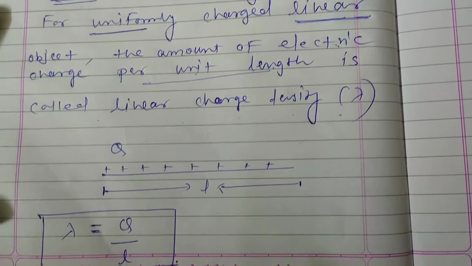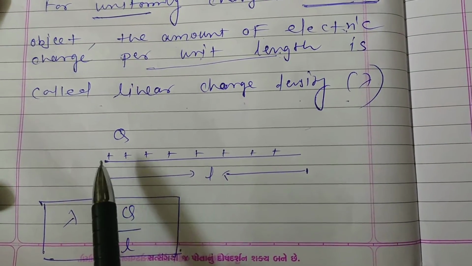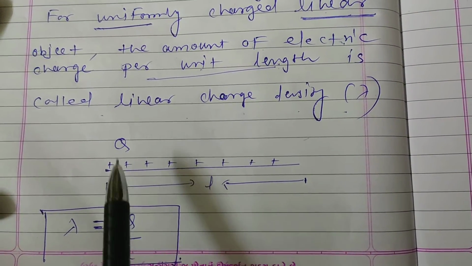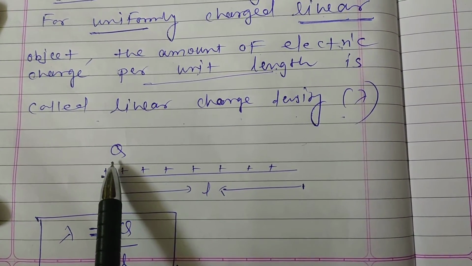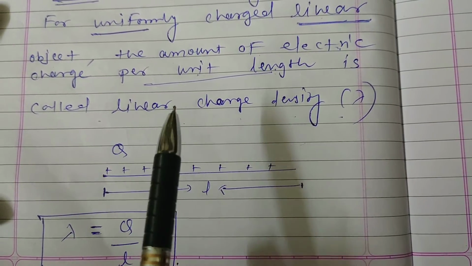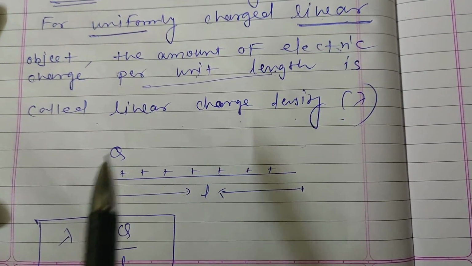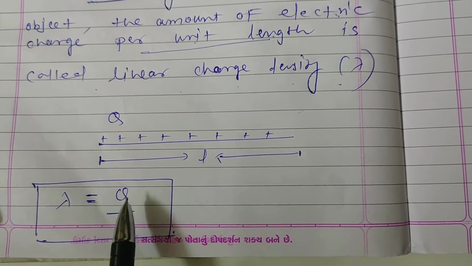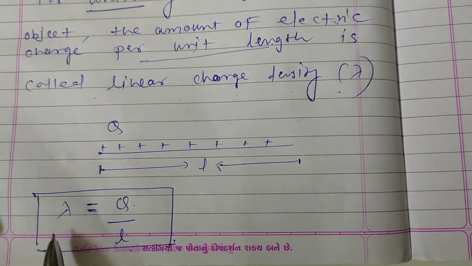So if electric charge Q is uniformly distributed over a linear rod of length L, then according to the definition, the amount of electric charge per unit length means Q by L, that is denoted by lambda.